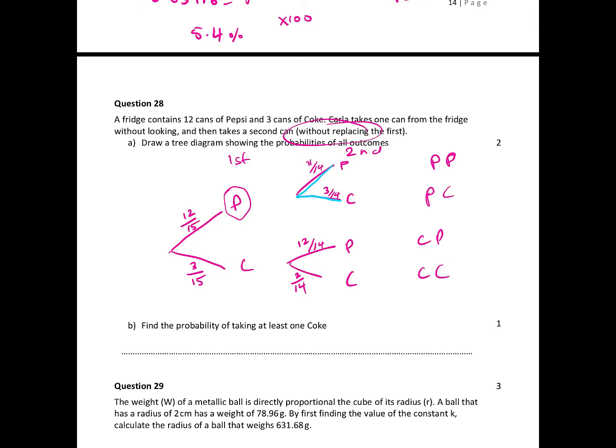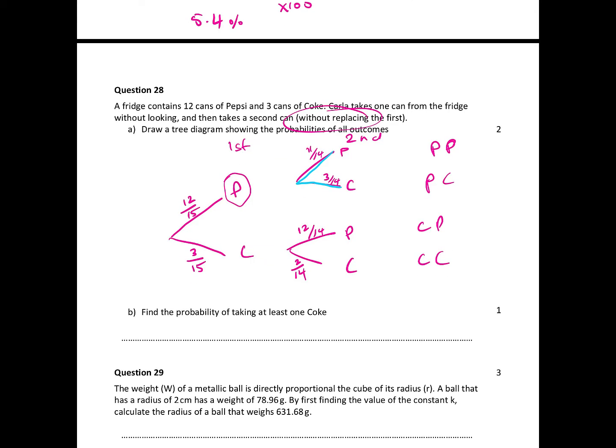So it's asking now, find the probability of at least 1 Coke. So that means it could be either this, or this outcome. Now I can find the probability of each of these 3 outcomes, or I can just find the probability of selecting Pepsi and subtracting it from 1, because remember, all the probabilities add up to 1. So I think that's the easier way to go about it.